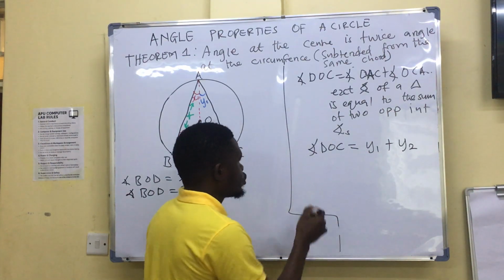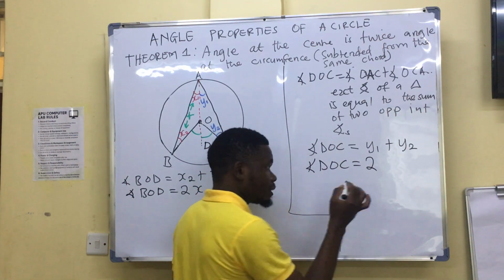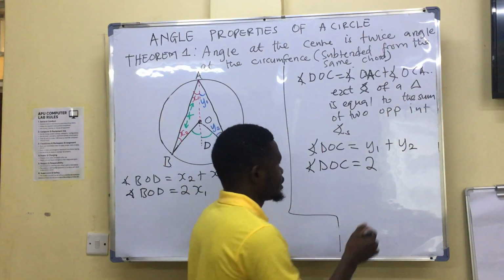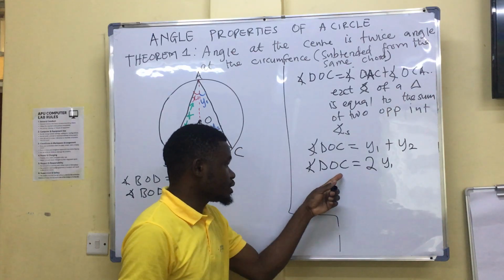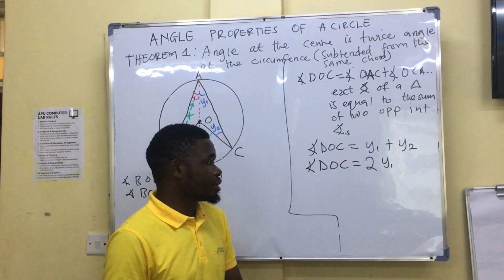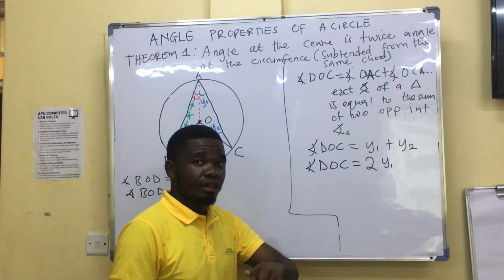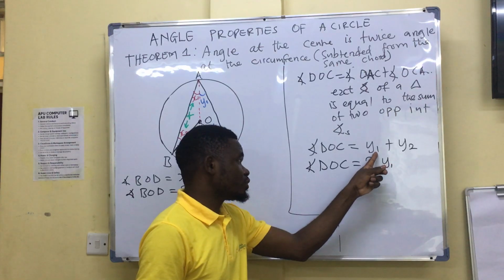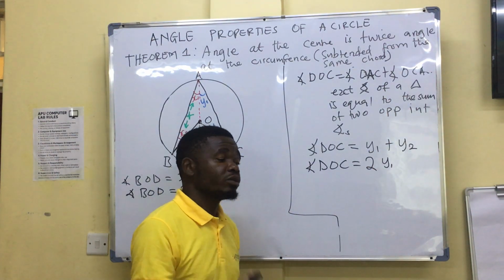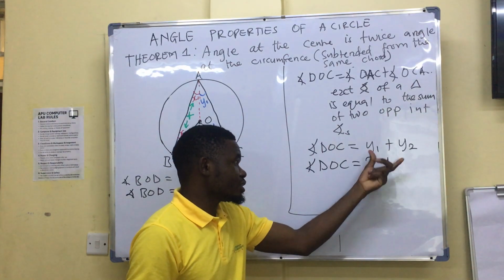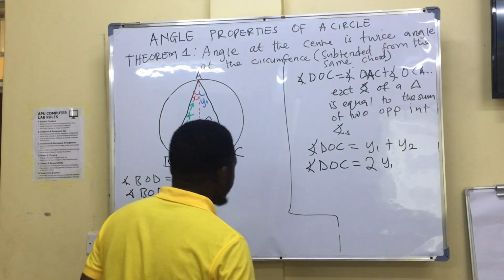So angle DOC is equal to 2 times one of those angles, but let's take y1. Meaning that angle DOC is equal to 2y1. If y1 is 40, 40 times 2 is equal to 80, right? So remember those angles have the same value. If y1 is 40, y2 is 40, add them together to get the same number, which is 80. So 2y1 is the same as the result that we can get here. So don't be confused.